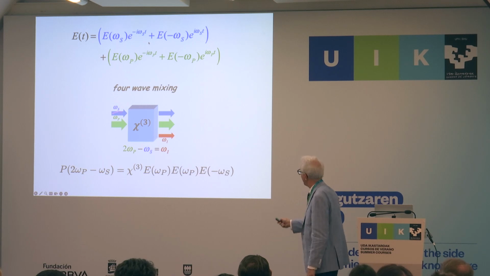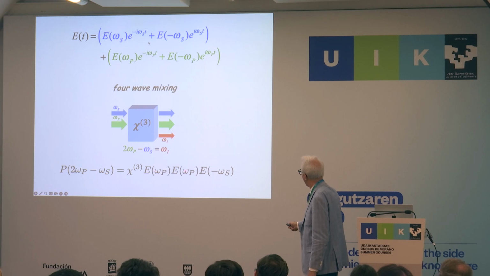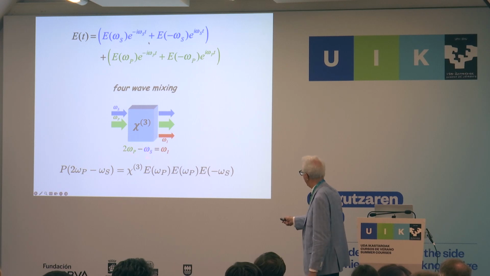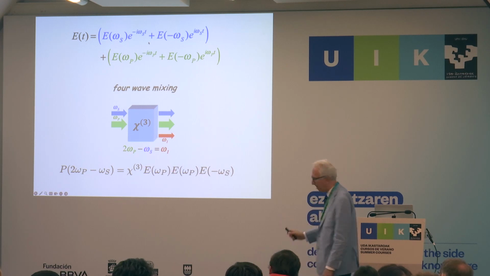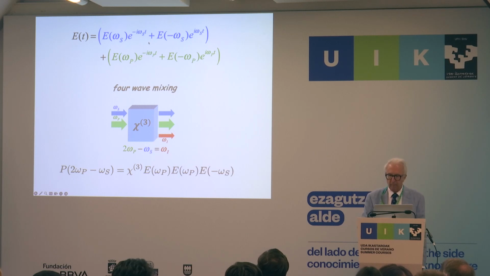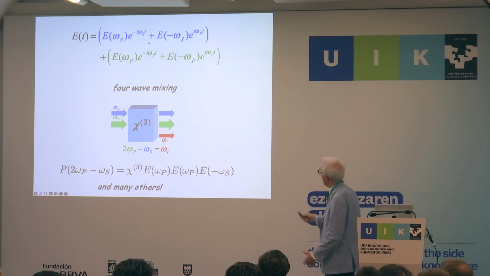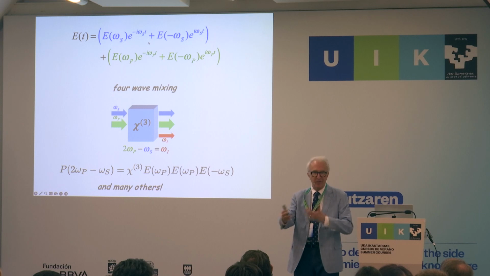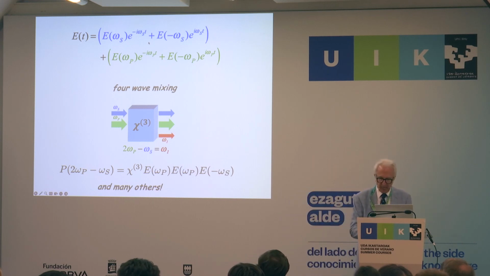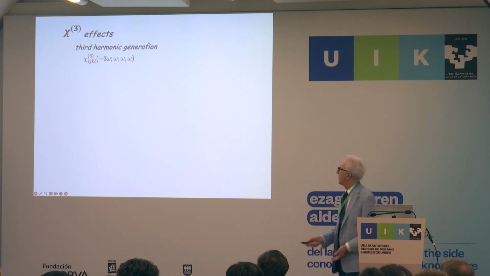But here's a 4-wave mixing process that comes up quite often. I take 2 omega p's and then a minus omega s. Okay? And I generate a field at 2 omega p minus omega s. Okay? And there are many others, right? Because I could take all kinds of combinations, mixing 3 fields and so on. Let me just sketch them out.